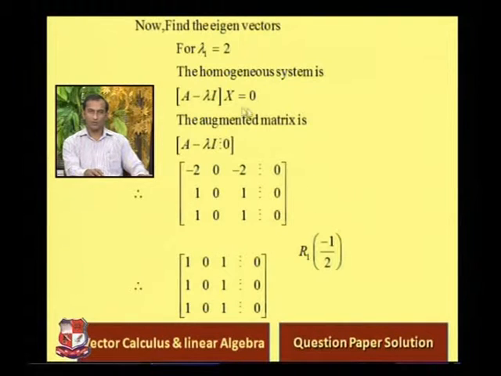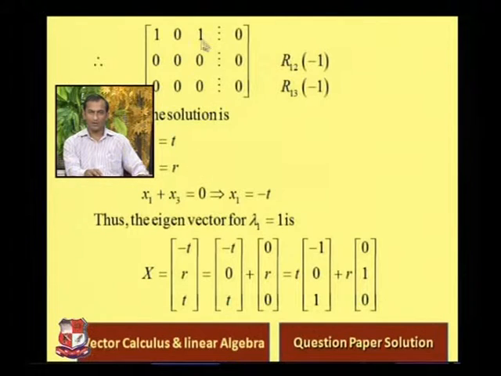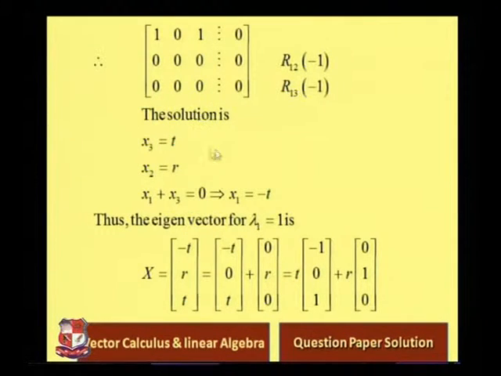Now similarly for lambda 2 equal to 2, the homogeneous system is the same as the last one: A minus lambda I equal to 0. Substitute all, apply row operations, and we get this. Then by using the back substitution rule, x3 is t and x2 is r, because here there is only a single leading one, that means x2 and x3 both are free variables.